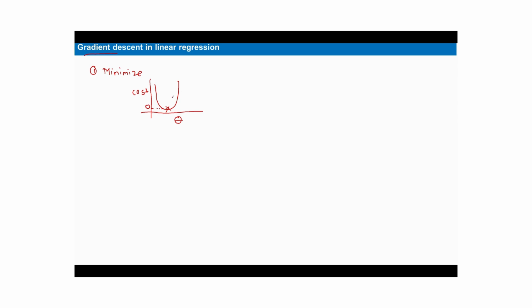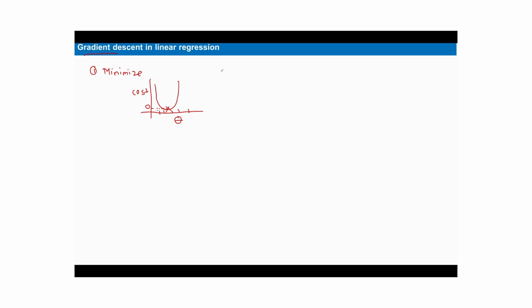The gradient descent algorithm will try to update these parameters in such a way that we can minimize the cost. Let me write in words how gradient descent works. It is a repeated process.